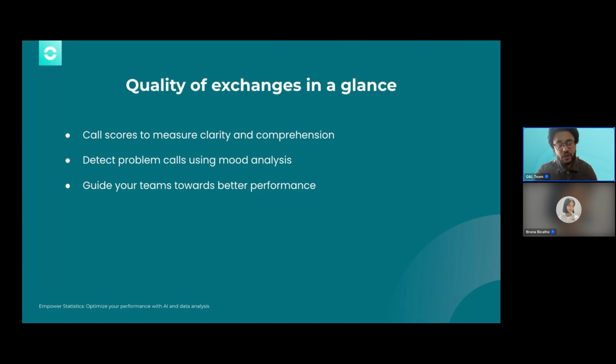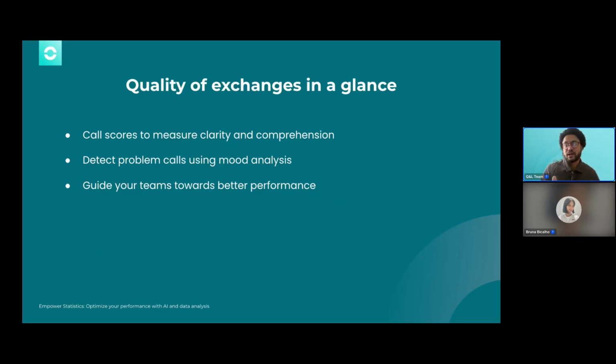Empower will also offer you call scores. So the AI will give a score to the call, from 1 being the lowest to 5 being the highest. And this score nowadays is based on criteria such as: Is the information accurate and reliable? Is the information clear and was it clearly explained to the contact?